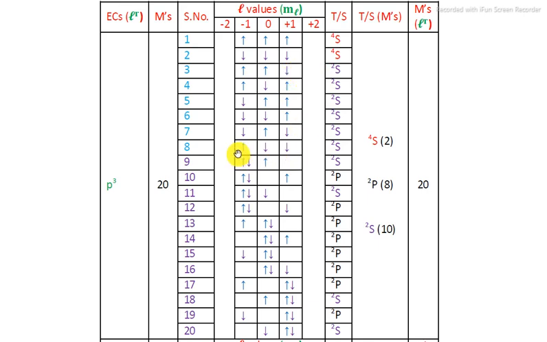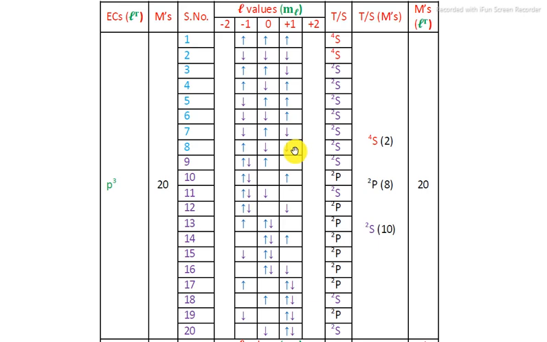For example, in this subshell, positive spin, negative spin, these 2 electrons nullify each other. This leaves only 1 electron in the subshell with the spin.